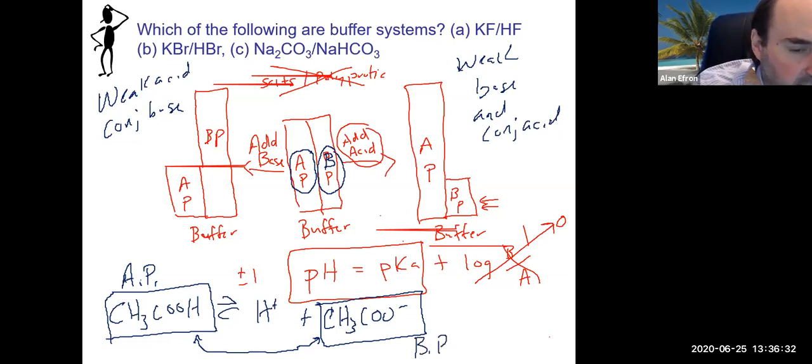And that's really good because that allows it to react when you add more acid or base to the buffer, to basically prevent the formation of free H plus or more free OH minus, both of which would obviously affect the pH greatly. So the way we talked about it last time was, if you have this buffer here and you add some base to it, it's going to react with the acid part.